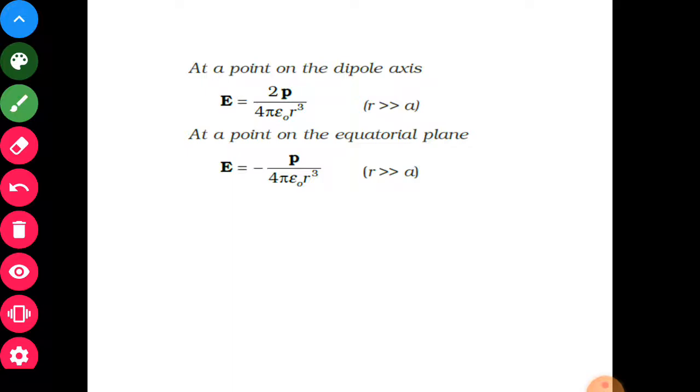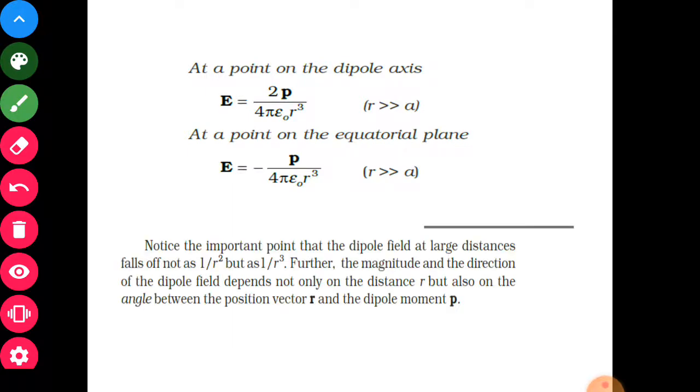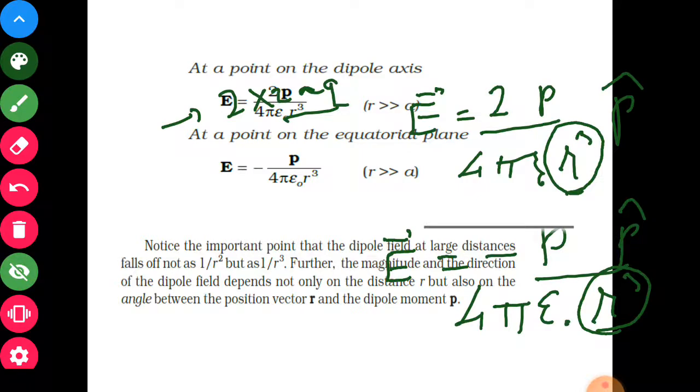So this can be written. These are the two equations which I had already written. Notice the important point that the dipole field at large distance falls off not as 1 upon r square but as 1 upon r cube, as I explained. The electric field is inversely proportional to the cube of the distance.